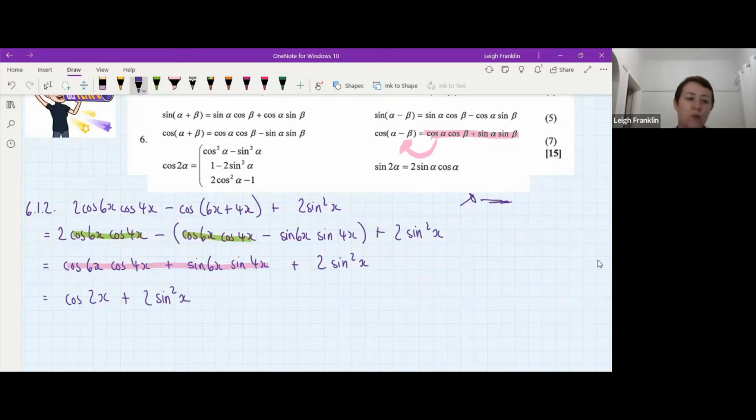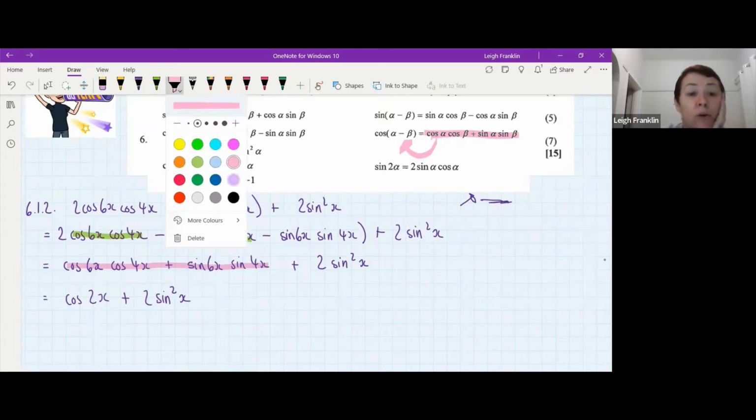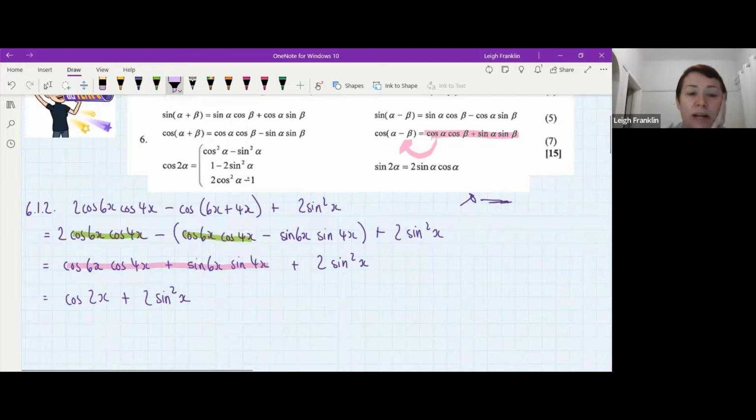So which cosine double angle do you think this question is now suggesting we use? It's dropping major hints now. We want to write this as 1 minus 2 sine squared x. Absolutely. Again, because minus 2 sine squared x and 2 sine squared x are like terms, we can simplify further.